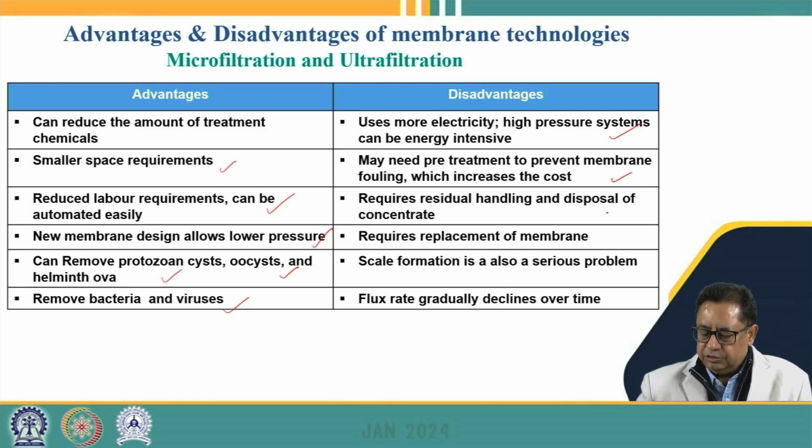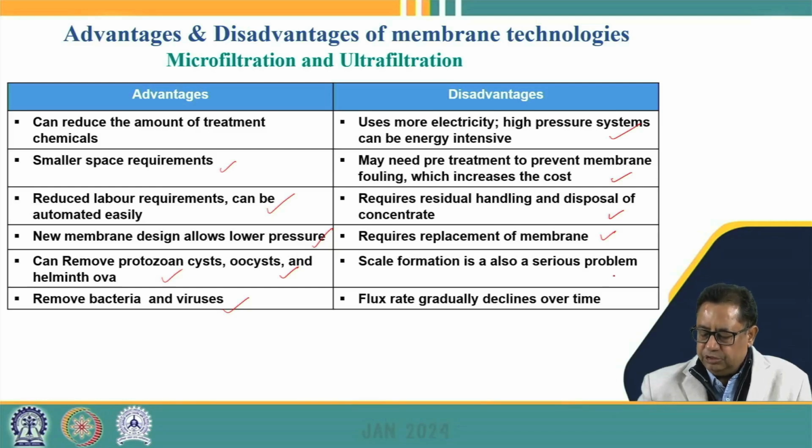Similarly, it requires residual handling and disposal of the concentrate that is generated from such processes. This may be one of the disadvantages, and it may also require the replacement of membranes, which are quite costly. This may add to the cost of operation and maintenance.